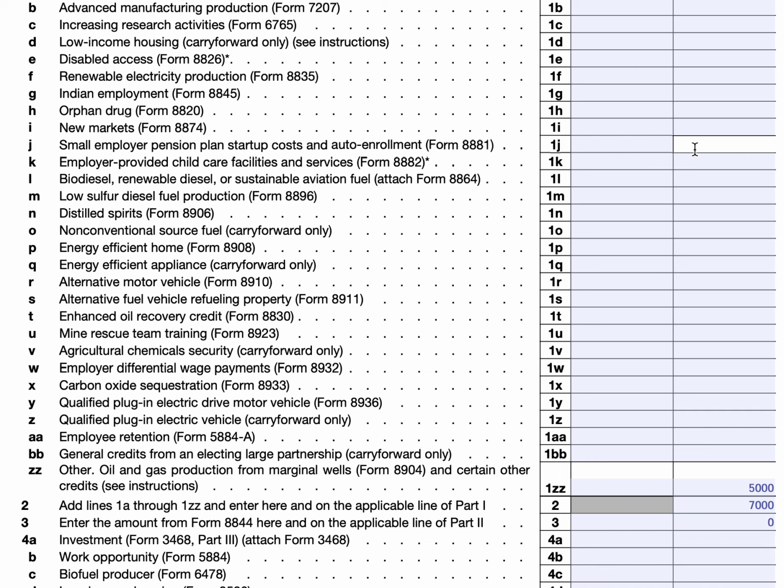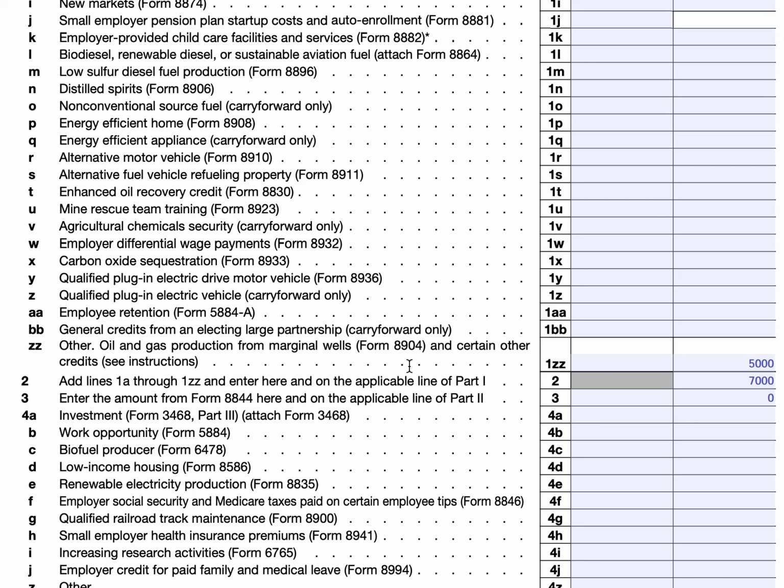You'll enter the total here in line 1J. So be sure, if there's a specific tax credit that applies to your business, make sure you read the form instructions so you know what number you're pulling from which form and which line.